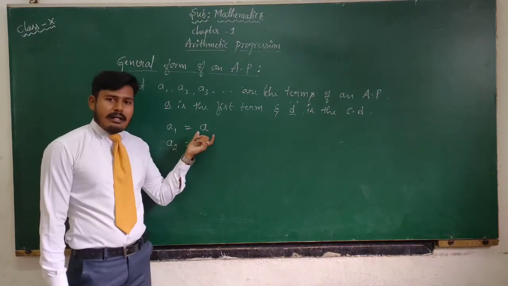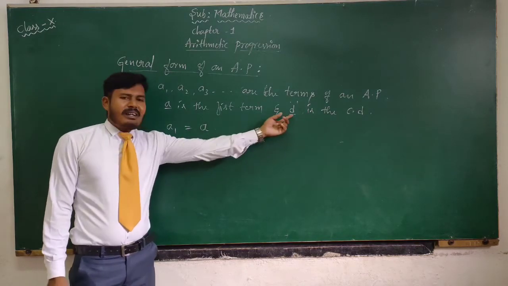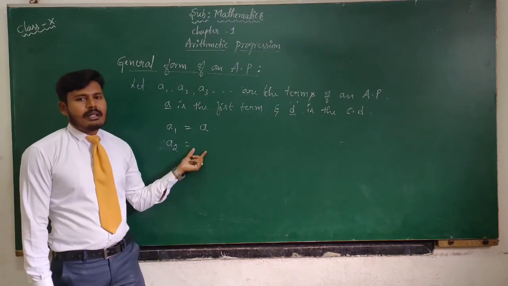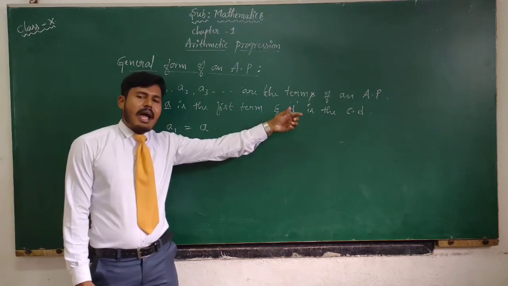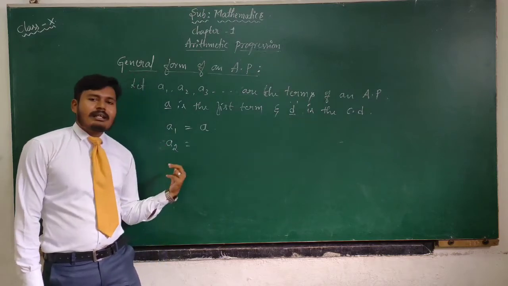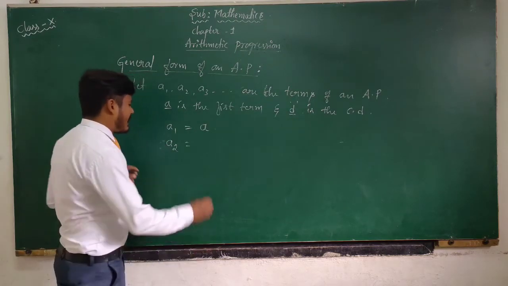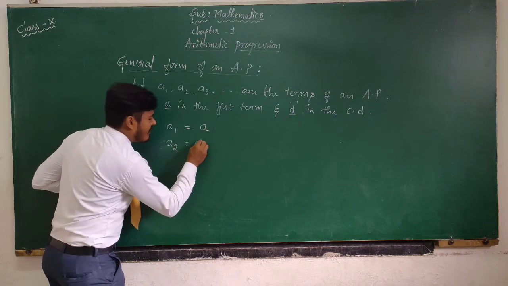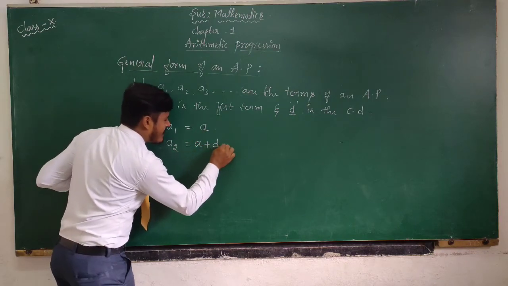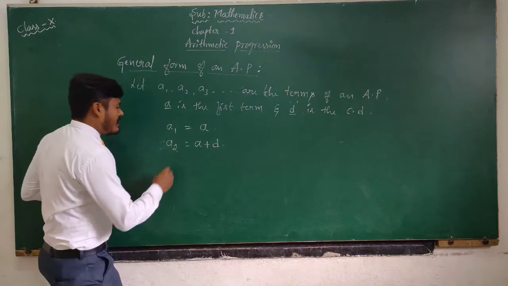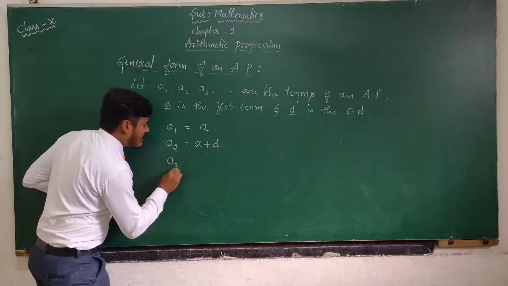If you add the common difference to the first term, you will get the second term. And if you add the common difference to the second term, you will get the third term. So the second term is the sum of the first term and the common difference. Carefully listen here.